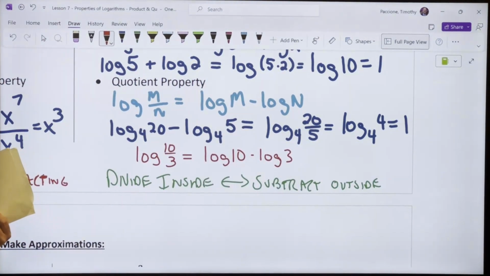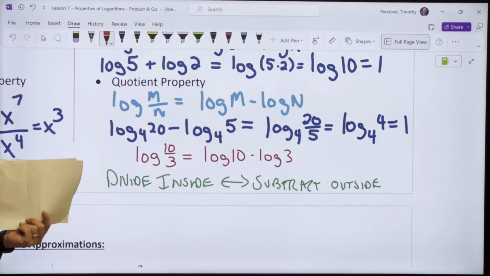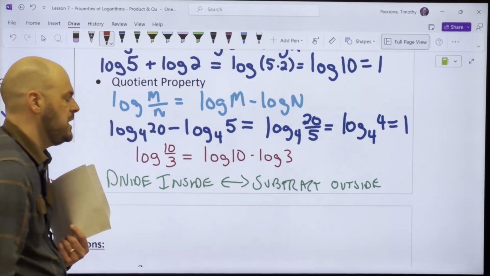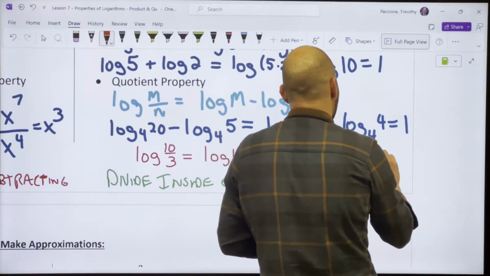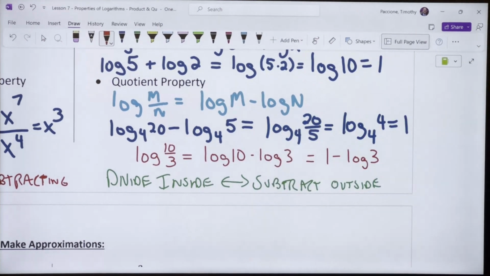Can I do anything else with that? Log of 7? No, you can't. They're not like terms. Think about each log at a time. Can I evaluate either of those? I think log of 10. Log of 10 is 1. So I would say 1 minus log of 3. Okay? All right. Ready to move on?